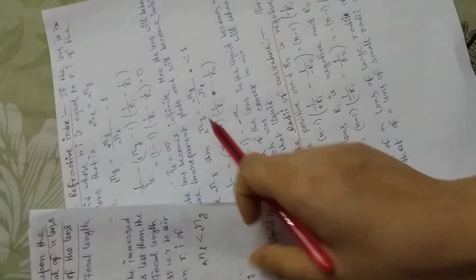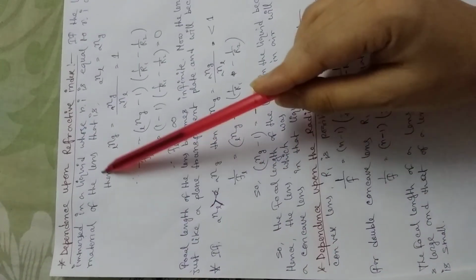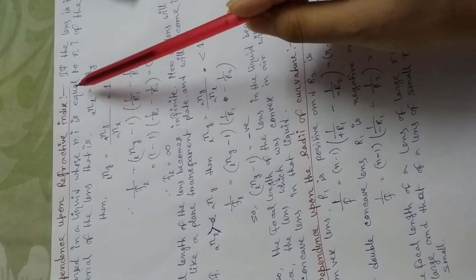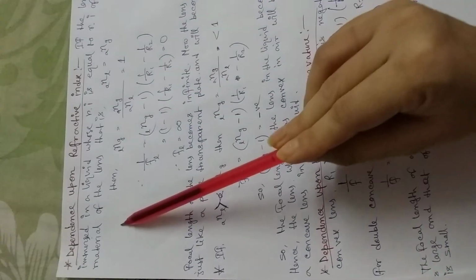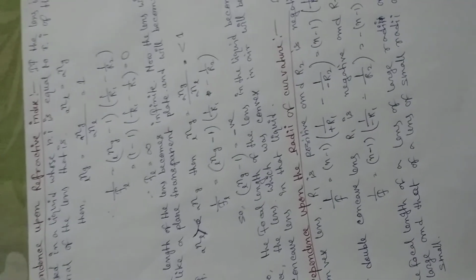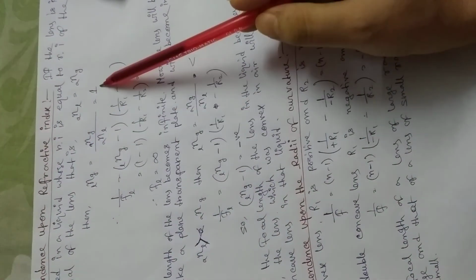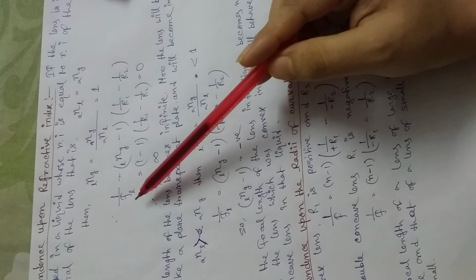Okay, next one: if the lens is immersed in a liquid whose refractive index is equal to the refractive index of the material of the lens, that means if NAL, the refractive index of that liquid with respect to air, equals the refractive index of glass with respect to air, then NLG equals 1. Then what is the value of 1 by FL?